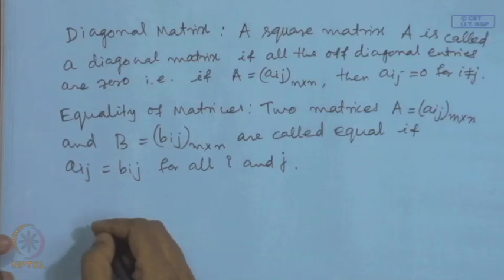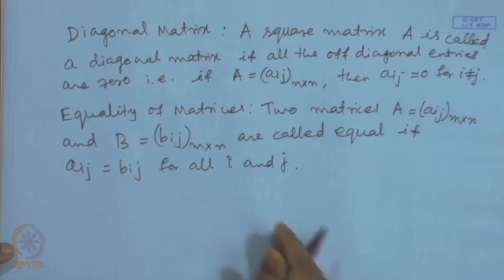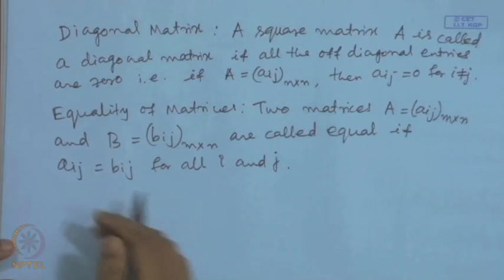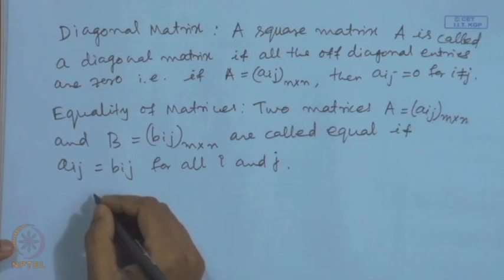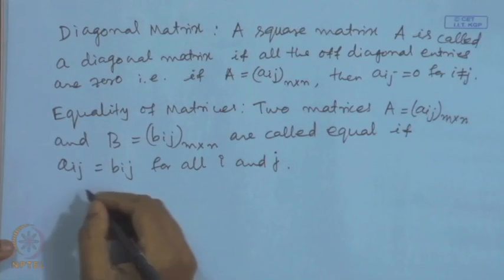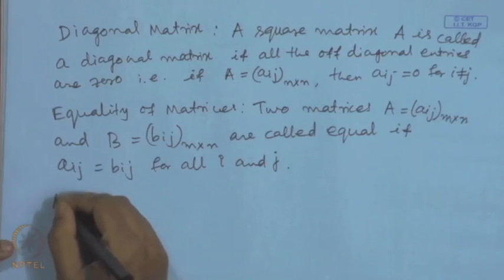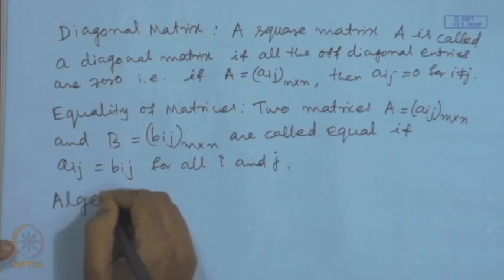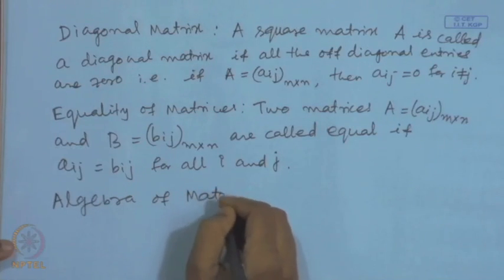So, now we can have the algebra of matrices: we can add two matrices, we can subtract two matrices, we can have scalar multiplication of matrices, and also we have the product or multiplication of matrices. So now we can say this is the algebra of matrices.